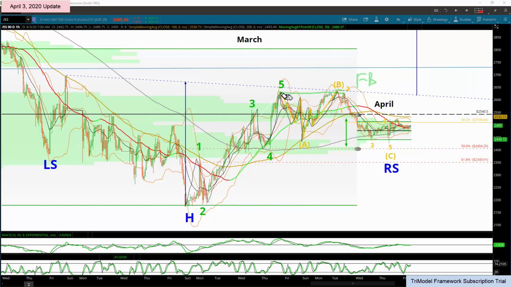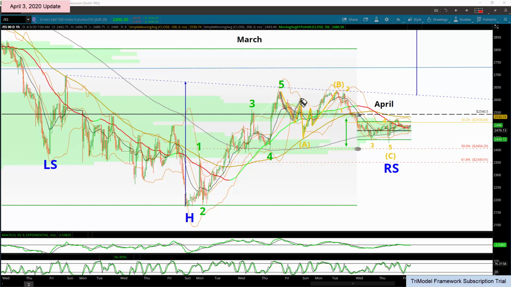Now, ABC followed by ABC, and now we're having 1, 2, 3, 4, 5. Okay, 5-wave move down. That's exactly what an expanded flat pattern looks like. Again, I'm going to use gray this time.